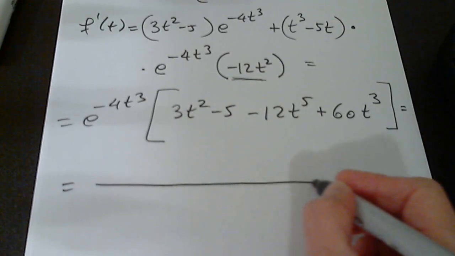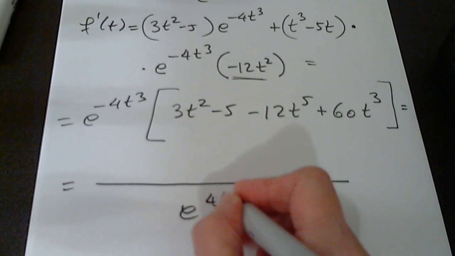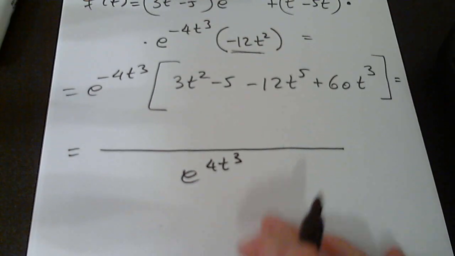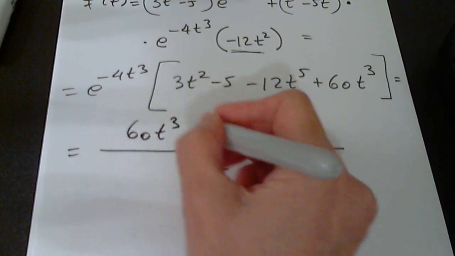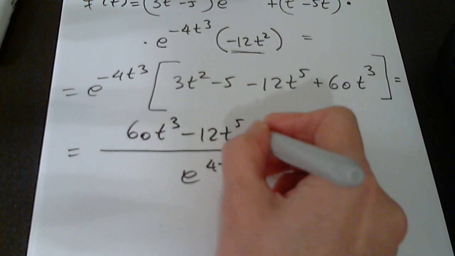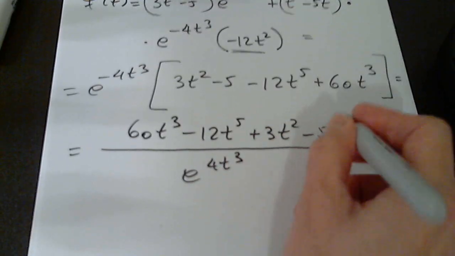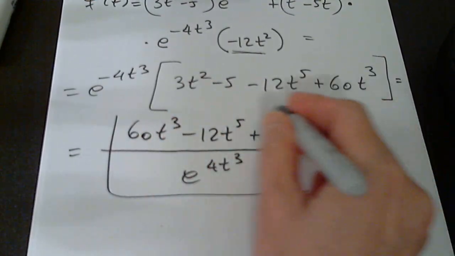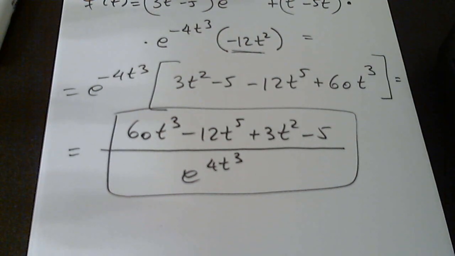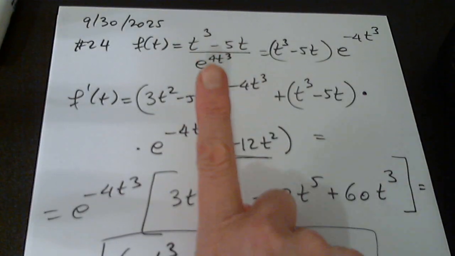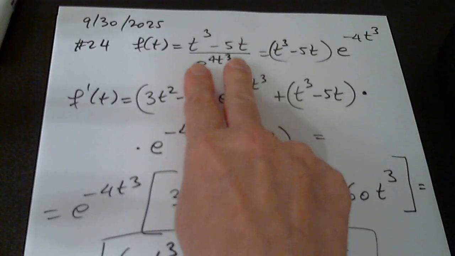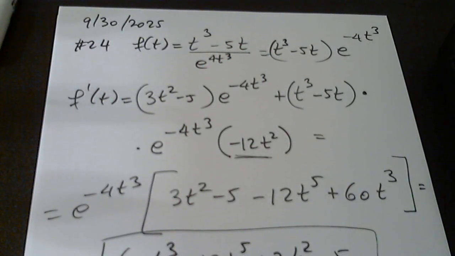This is it. So e to negative 4t to the third, times 60t to the third, minus 12t to the fifth, plus 3t squared, minus 5. This is what I would do because the denominator is just one term. If it had two terms, I would not.